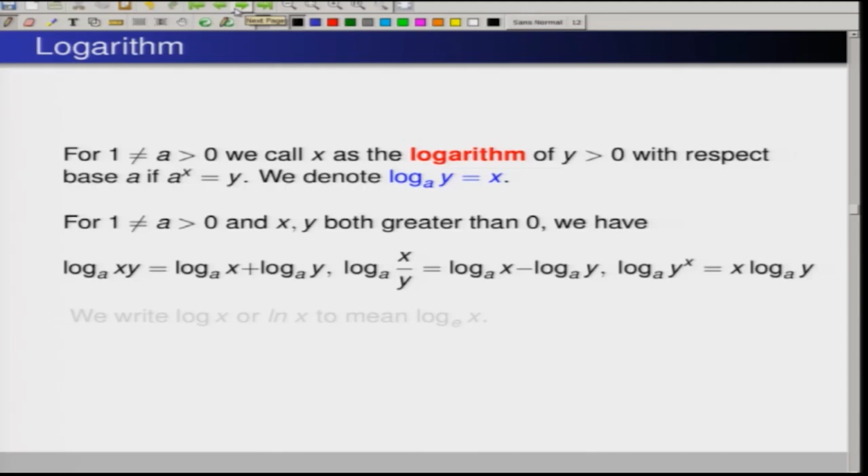What one can show again with the logarithm, for any base a, is that log of xy is equal to log x plus log y, log of x by y, with y positive, is log x minus log y, and log of y to the power x is x log y, with y positive. And the nomenclature is that we will write log x to the base e as ln x.